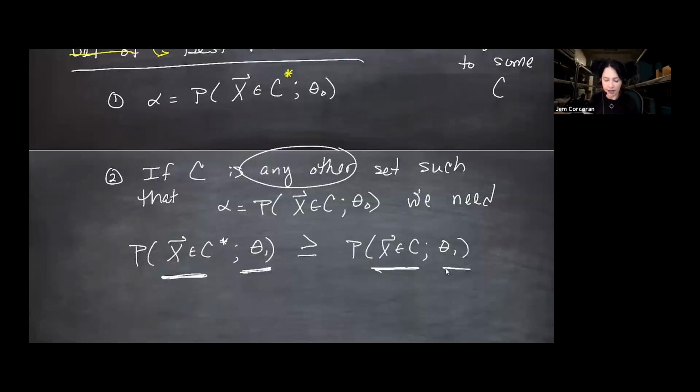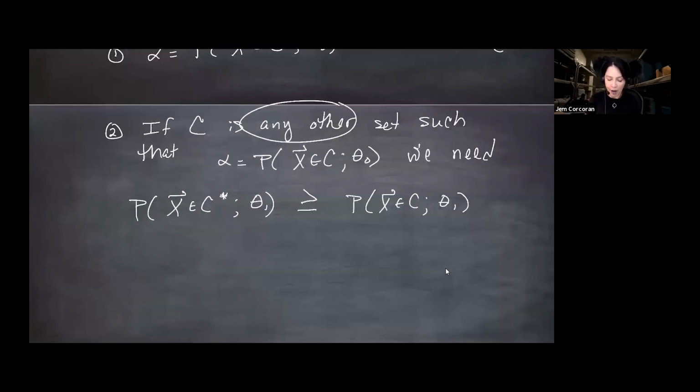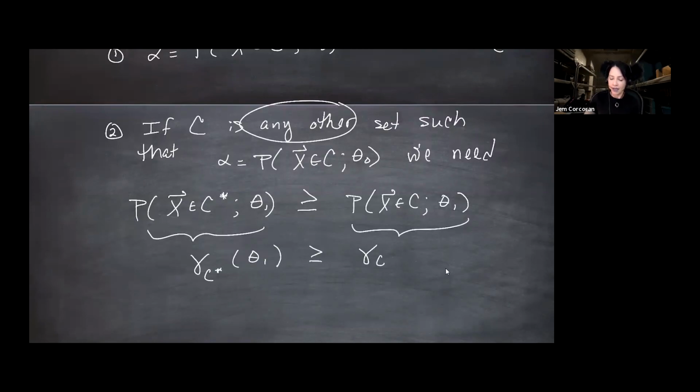We can write this statement here in terms of power functions. And for that reason, this best test is sometimes known as a most powerful test. So this is a power function that's defined by the rejection region C star evaluated at theta 1, greater than or equal to a different power function defined by a test with rejection region C evaluated at theta 1.